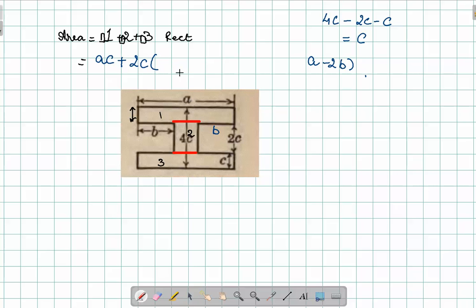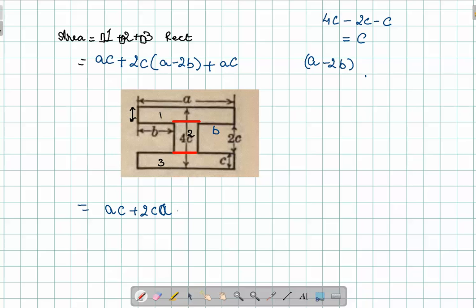So 2C into A minus 2B, plus the third rectangle. Again, for the third rectangle, the length is the same as A and the breadth will be C. So that would give us AC.